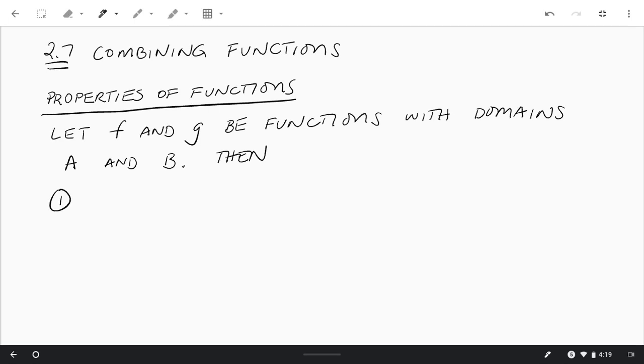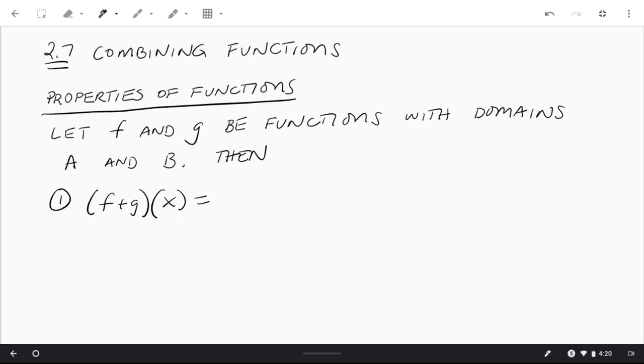f plus g of x is the equivalent of doing, so when we look at this, it's like saying add the two functions and then evaluate, then replace all the x's with whatever is in there. Okay, so this is saying add the two functions first and then you can evaluate.